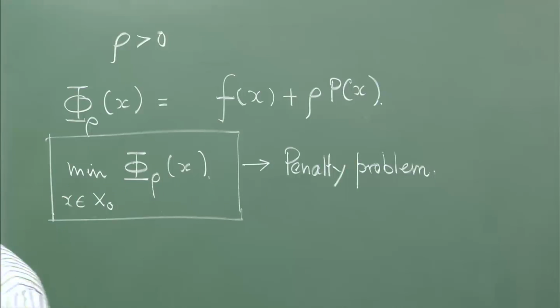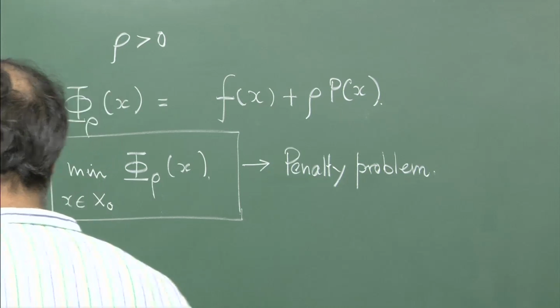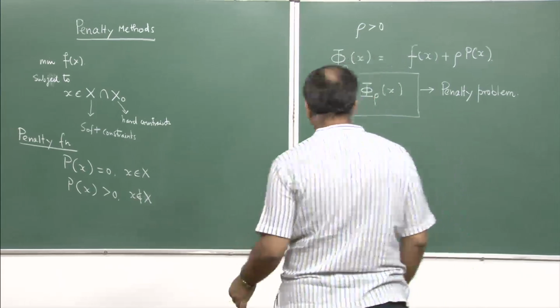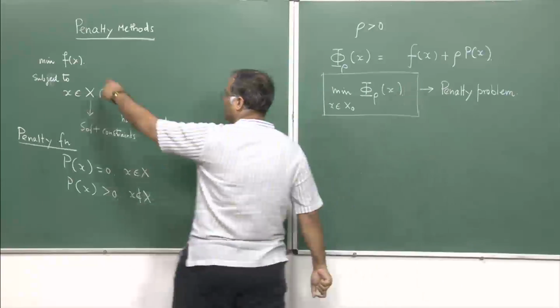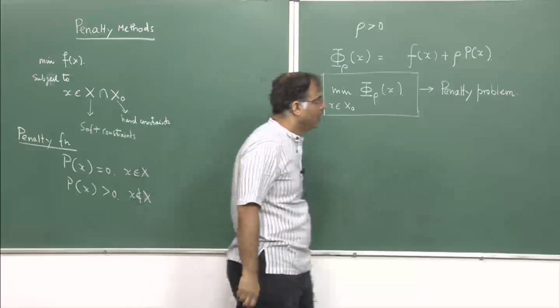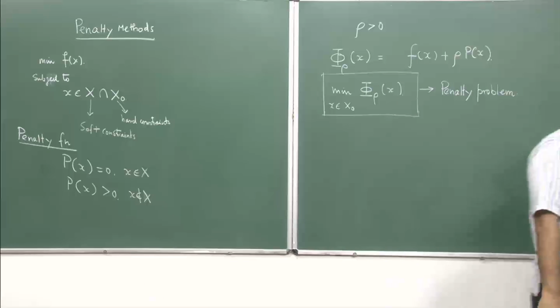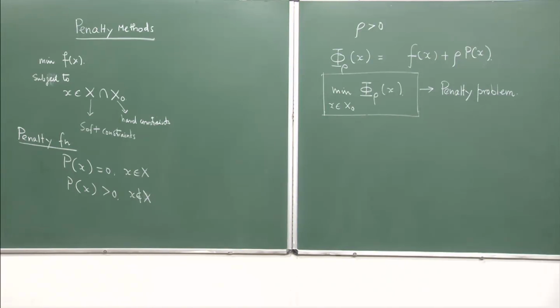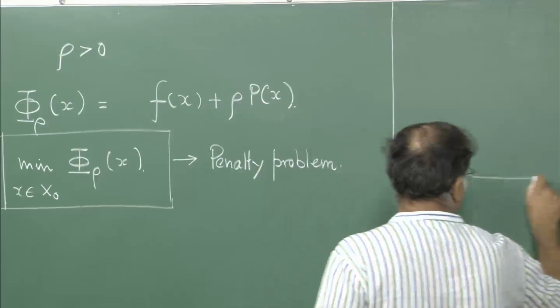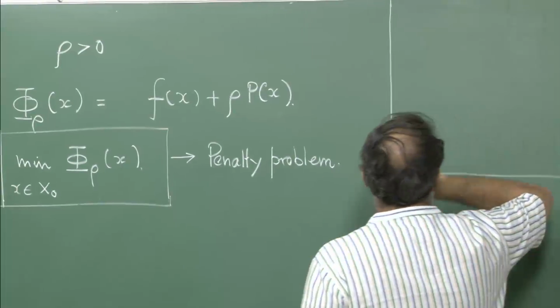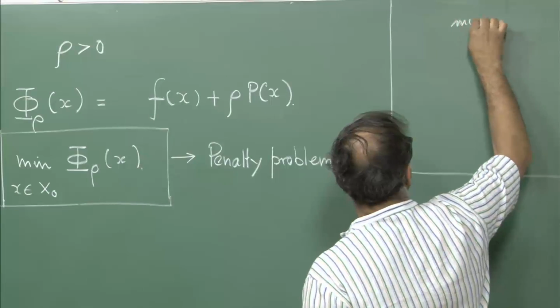So, we shall now relate the solution of the penalty problem, or a succession of such problems, to the solution of this problem. Before I do that, let me tell you that this has a theoretical underpinning, which is one of the frameworks of modern optimization.